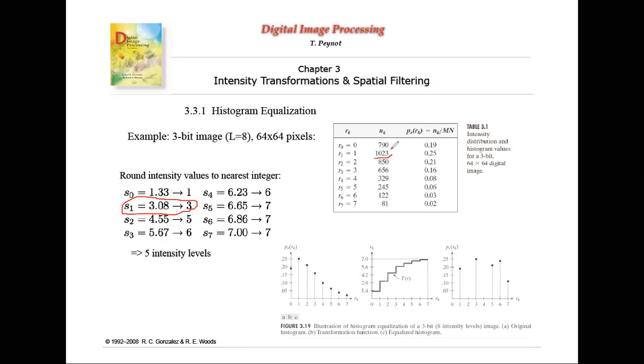All those 1023 pixels, which earlier had the pixel intensity 1, now shall be replaced by pixel intensity 3, so that this entire stick will now be placed at 3. Okay, got it. Anybody, doubts? Okay, and S2 is equal to 5.